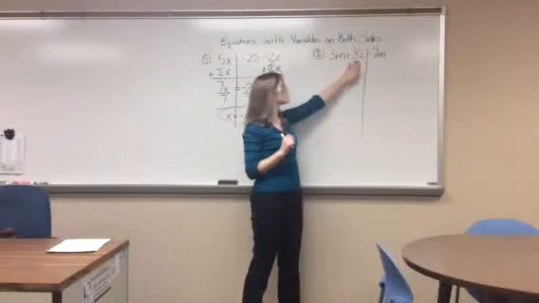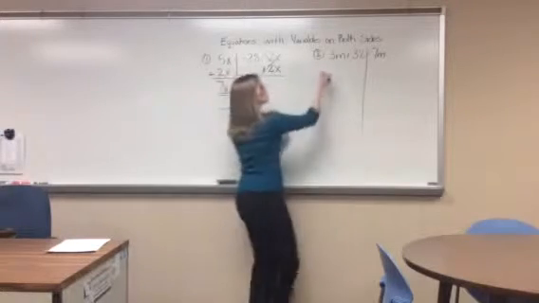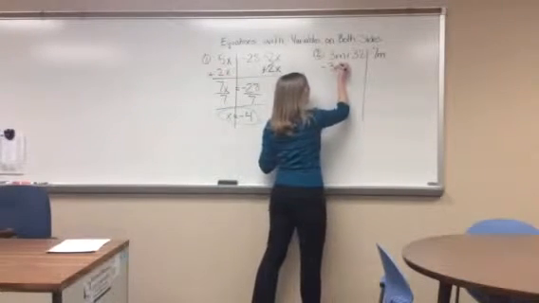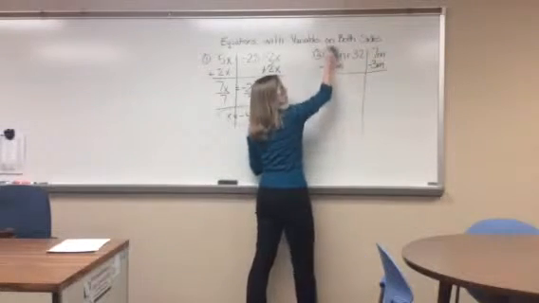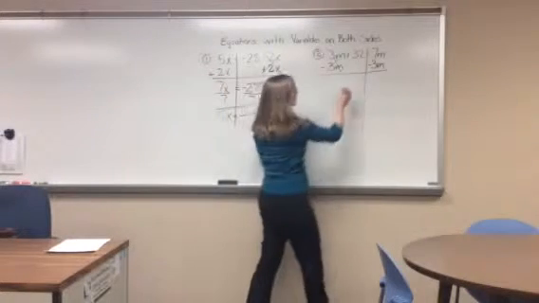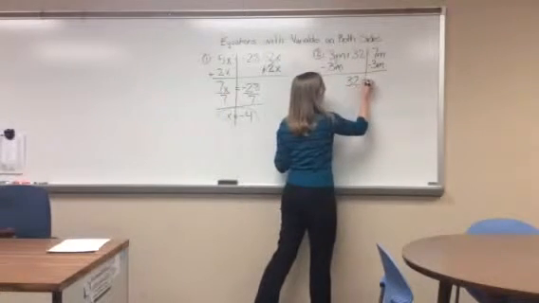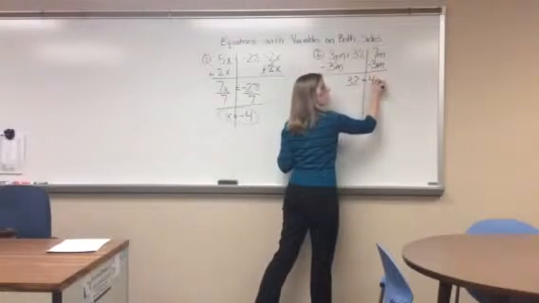It's with the 32. So to cancel out a positive 3m, we would subtract 3m from both sides. 3m minus 3m is 0, so they cancel. 32 equals 7m minus 3m is 4m.